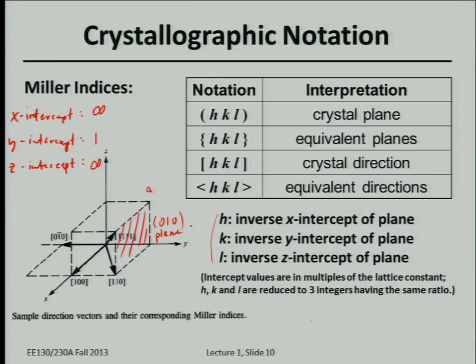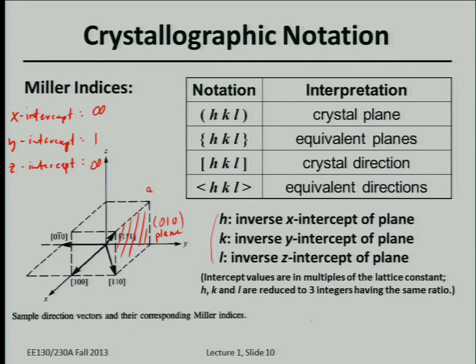Now, sometimes we care about specific directions within the silicon lattice. Again, we use the same indices, except now we use square brackets for a specific direction, or pointy brackets for a family of equivalent directions. The easiest way to remember that is that the direction is perpendicular to the plane.